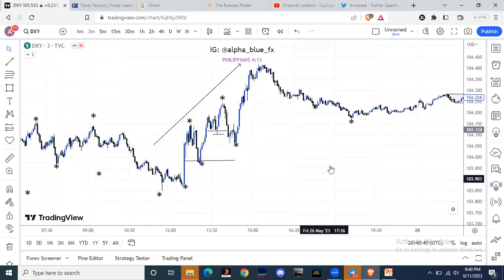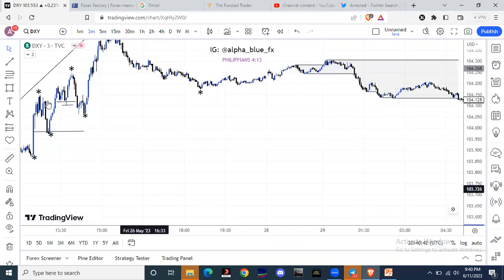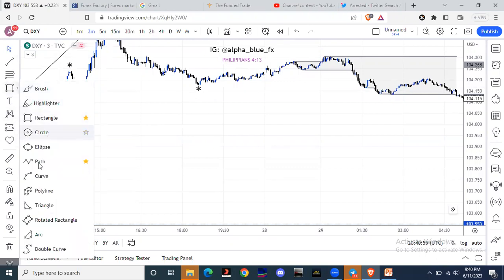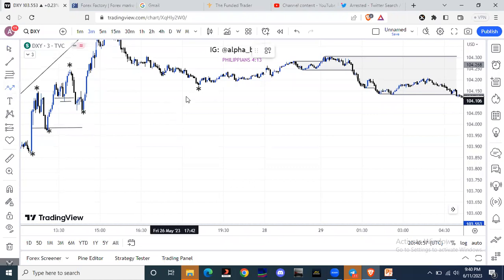So now let me draw a very quick diagram. Whenever price is moving in a range, there's what we call an internal and an external liquidity. Price will always take out liquidity before it moves. So let's assume that we have a range like this, right?